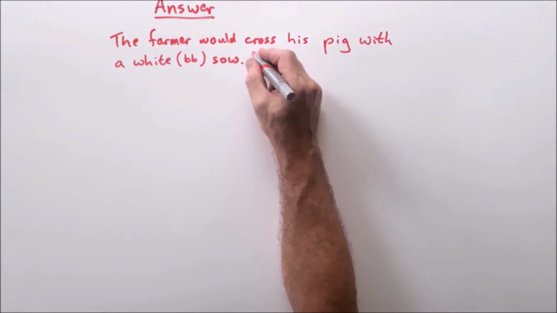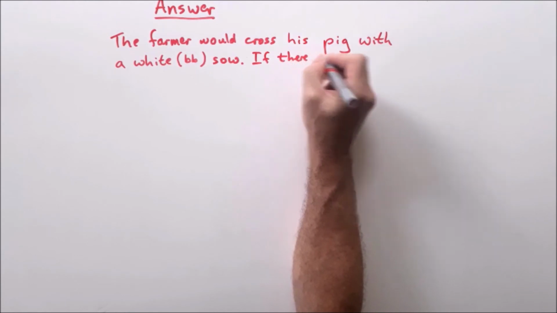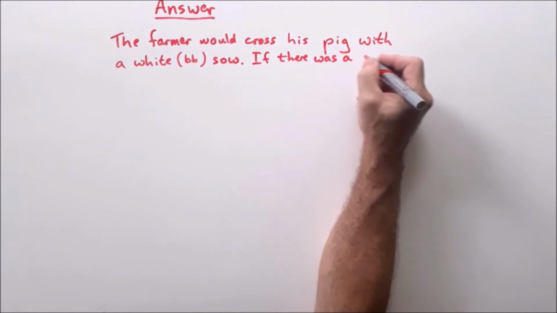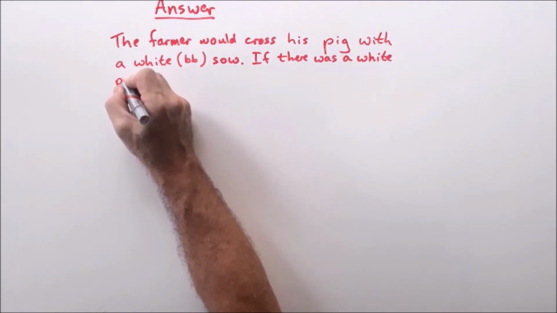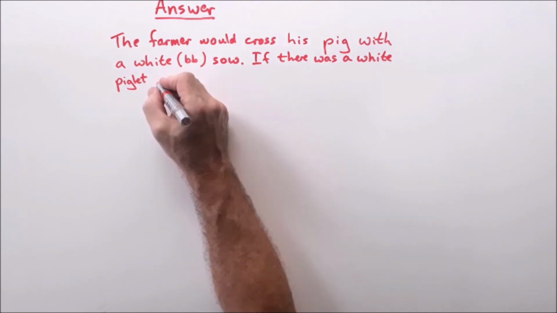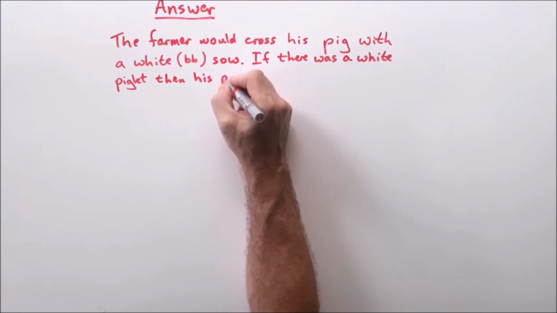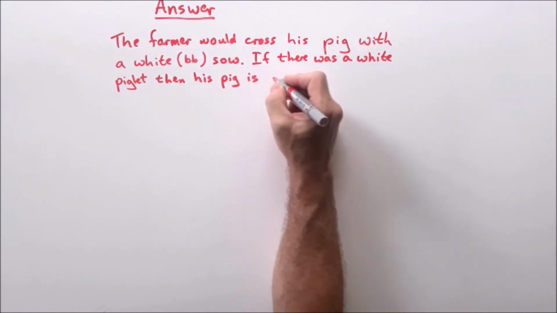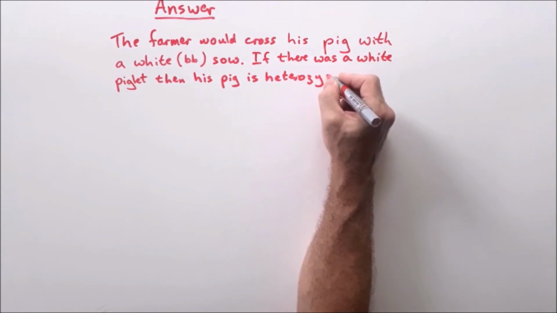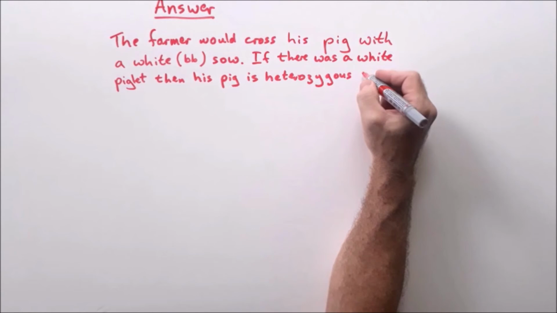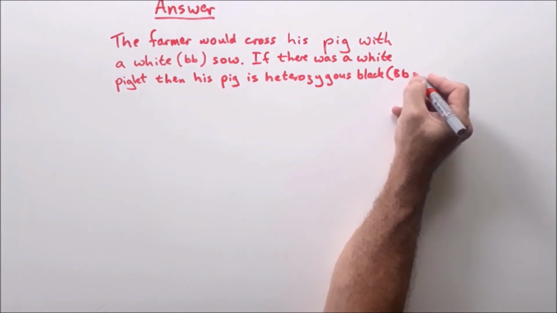And then if there was a white piglet, then his pig is heterozygous black, big B, small b.